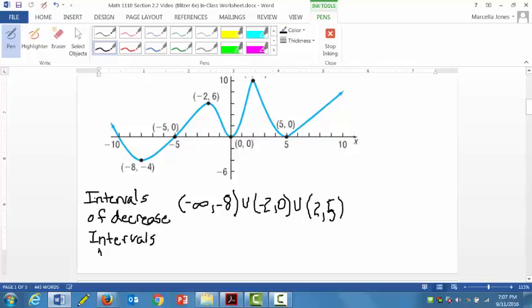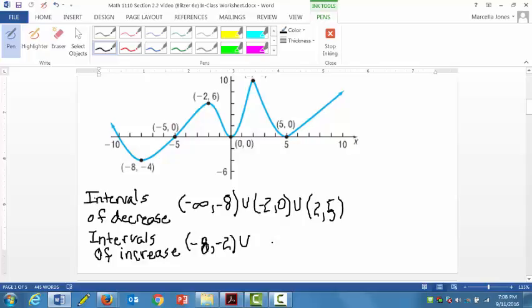Here, this is another way that they also may be given, and that is to talk about where the function is increasing and unite the intervals if there's more than one. All right, the intervals of increase are from negative 8 to negative 5. I'm sorry, to negative 2. Negative 8 to negative 2. And notice the graph goes uphill.